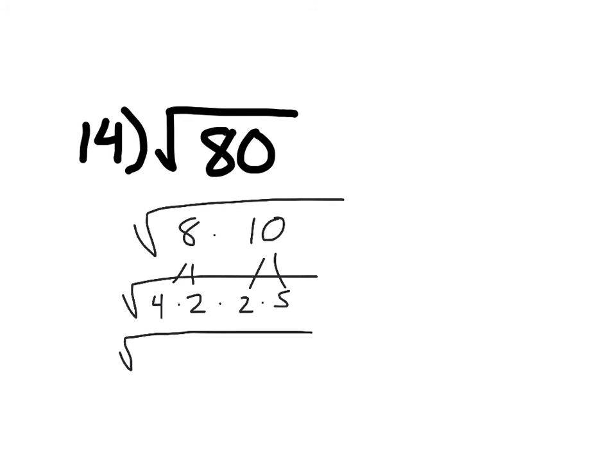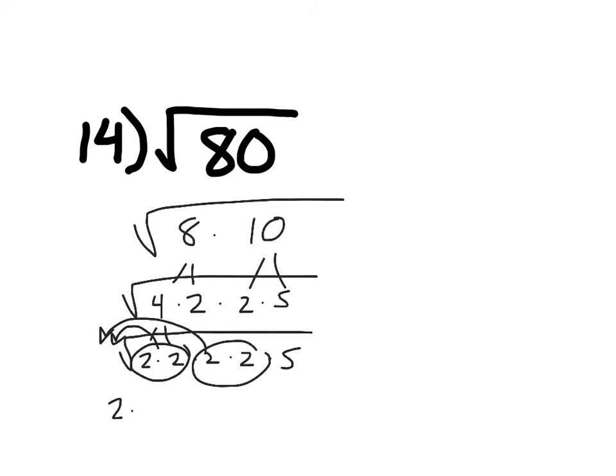Can we break down the 4? Into 2 times 2. Then we just drop down the rest. 2 times 2 times 5. So we have a pair of 2's here that we can bring out, and a pair of 2's here that we can bring out. So we have 2 times 2, and what do we have left under the square root? 5. So what's our answer here? 4 square root 5. Perfect.